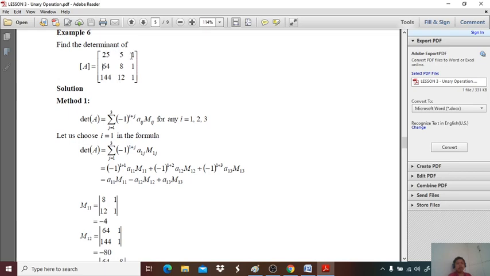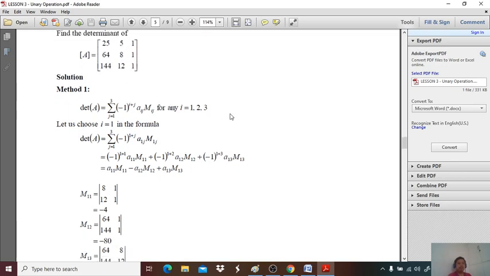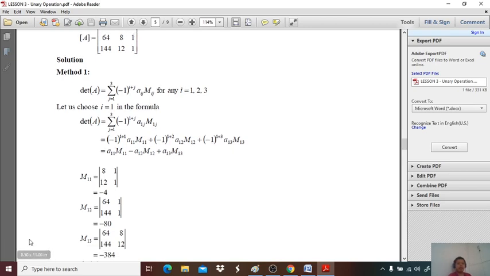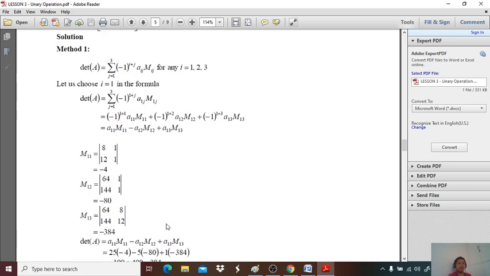So the resulting submatrix is 64, 1, 144, 1. The determinant of that is the minor of 1, 2, so this is negative 80. And the same for M13, so we have negative 384.